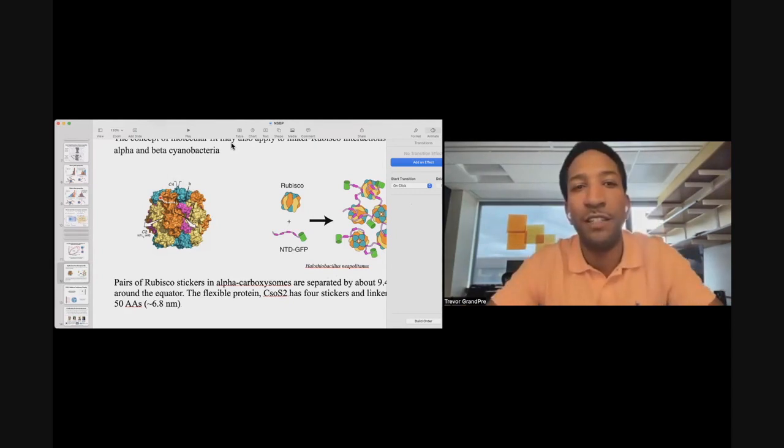I think implicitly there's more going on than just the pyrenoid itself. I didn't tell you about the carbon concentrating mechanism.